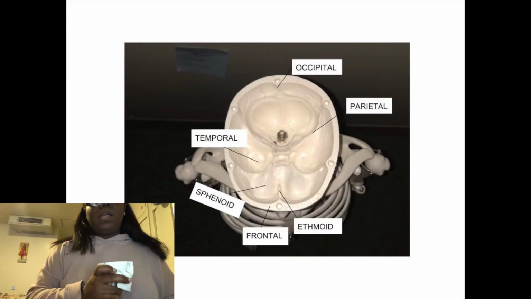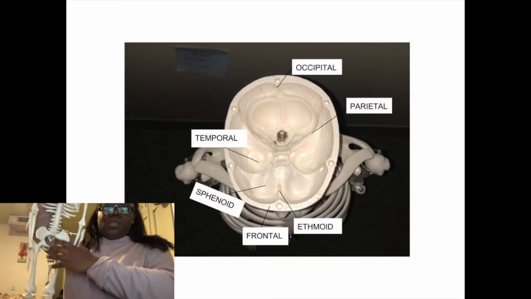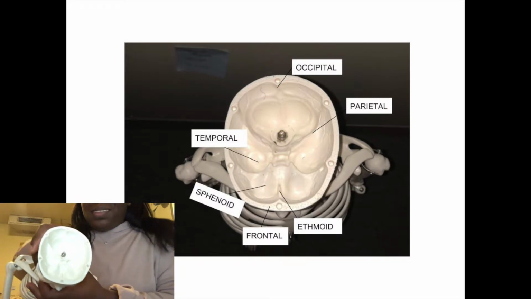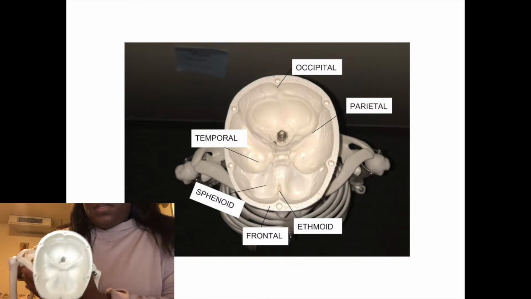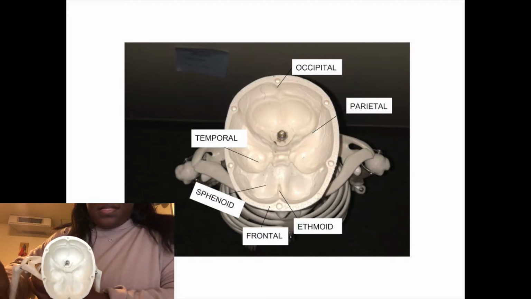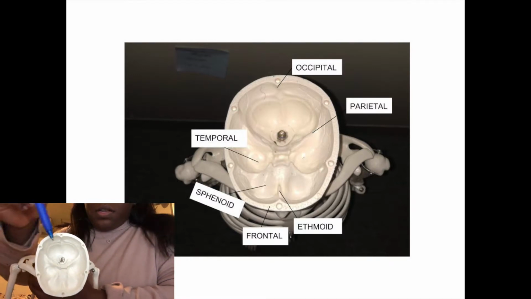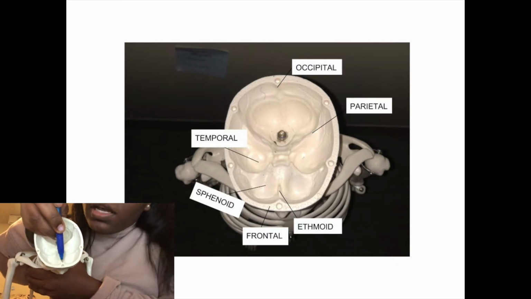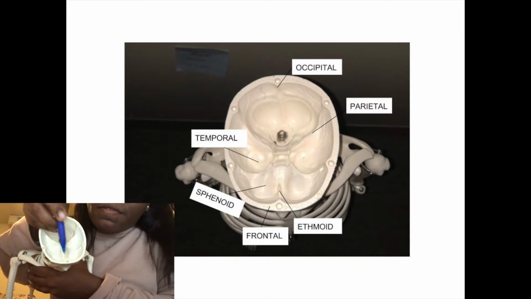I'm going to move on to the inferior skull. It'll be easier to show you this way. Okay, I think that's better. Ethmoid is right here. The frontal right here.